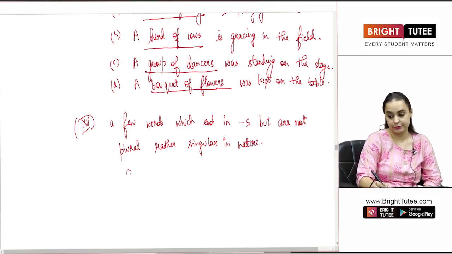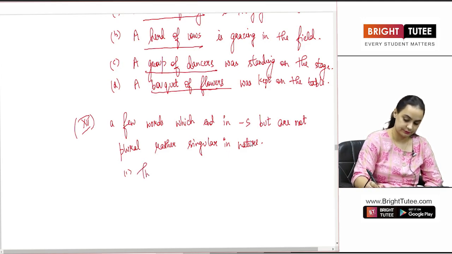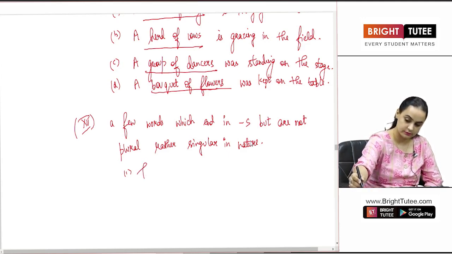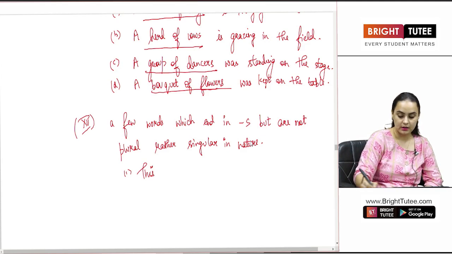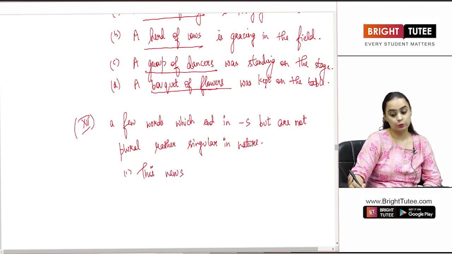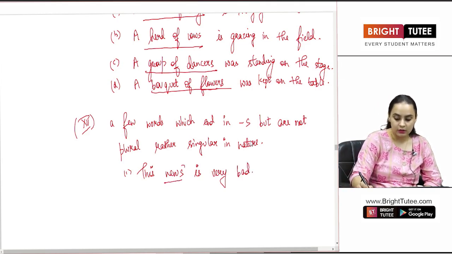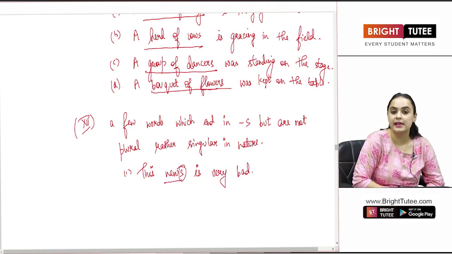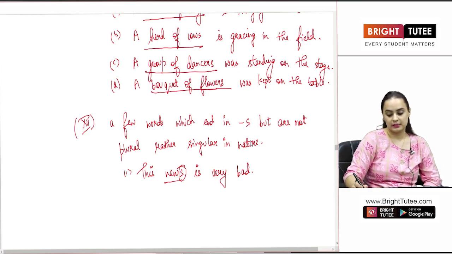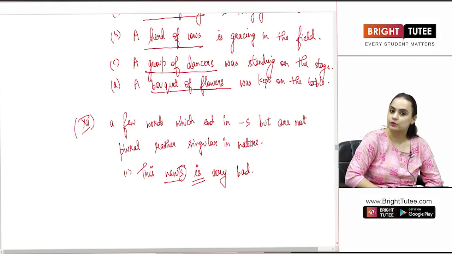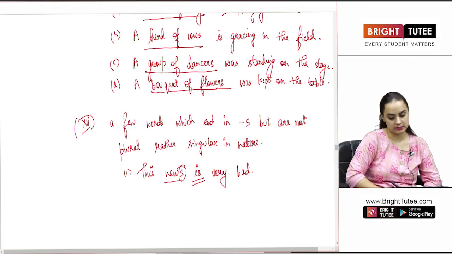For example, news. If I say, this news is very bad. Here, although news is ending with an S, that does not make it a plural noun. It is singular and therefore we've used the singular verb which is.